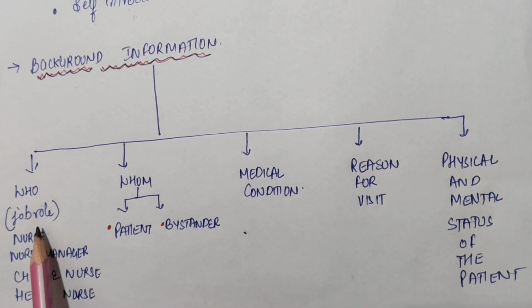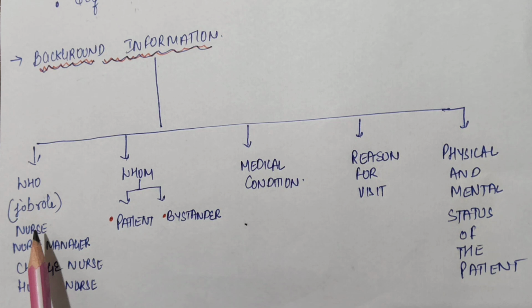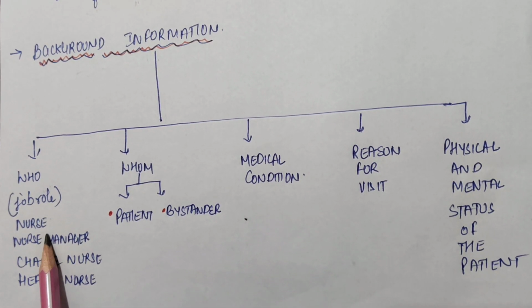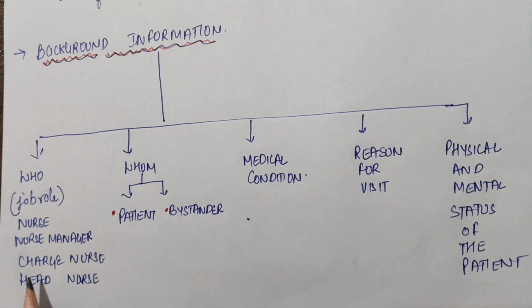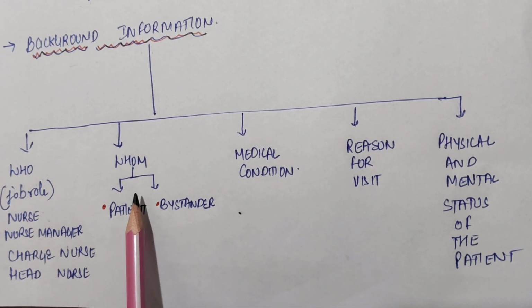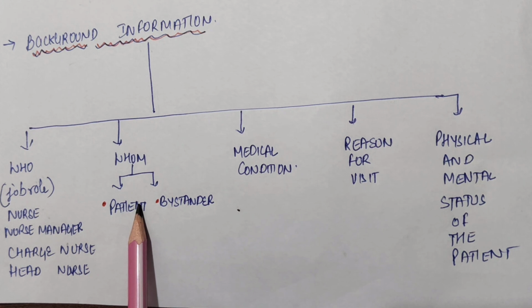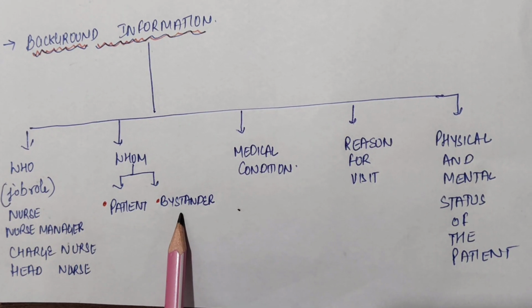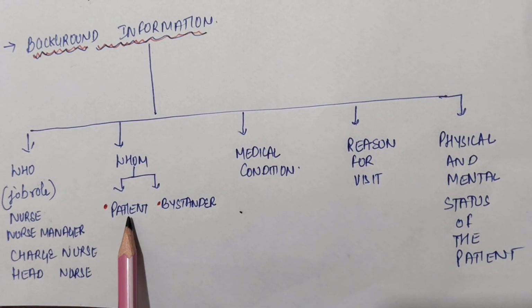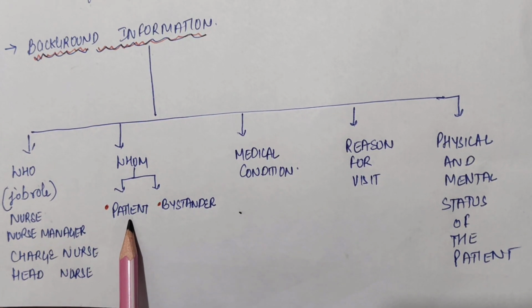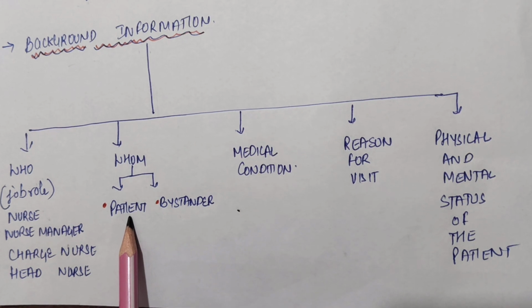In some role plays, it is mentioned that the nurse is a registered nurse, nurse manager, charge nurse or head nurse. After that, you can check whom you are talking to. Is it a patient or a bystander? From this, we can also think of the phrases beforehand in our mind. It is brainstorming.